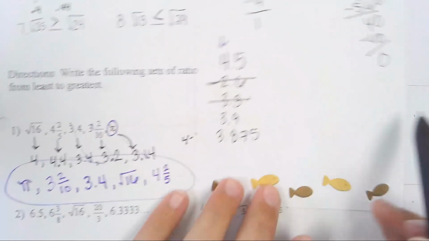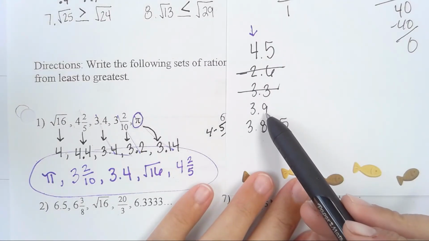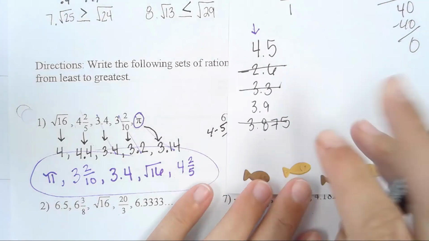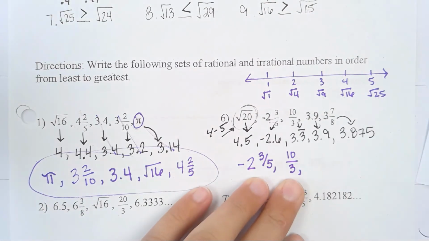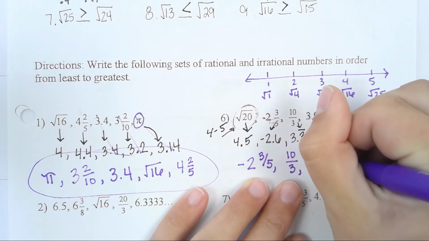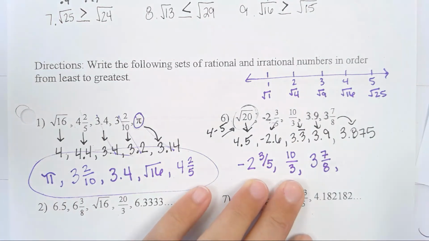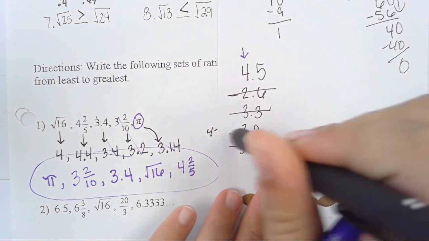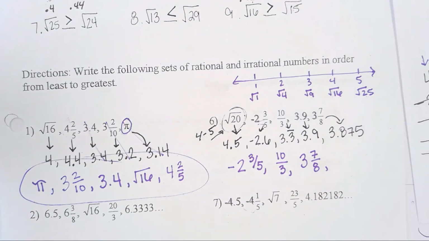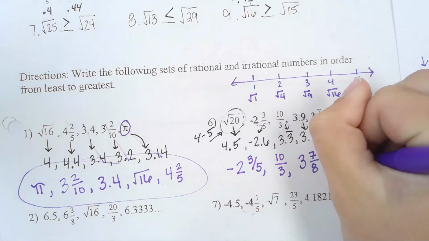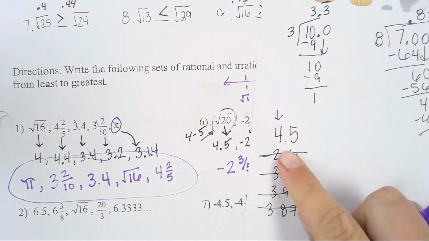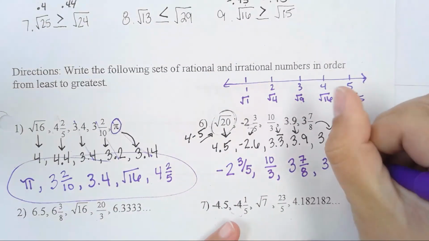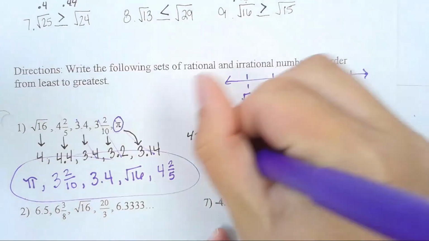Okay, then the next lowest number is going to be the 3.875, since 8 is less than 9, and that number was represented by 3 7/8. Then our last 3 is this 3.9, so that would be the next one. And then the only number that we have left was this 4.5, or in other words, the square root of 20. So there's our order.